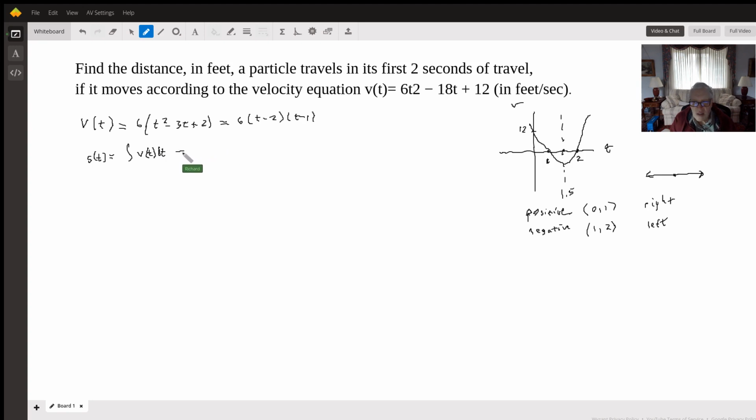And if we want the total distance traveled, which is what's implied by the wording here, we're going to take the distance traveled when v is negative, and the integral here from 1 to 2 is going to be negative, so we have to account for that.